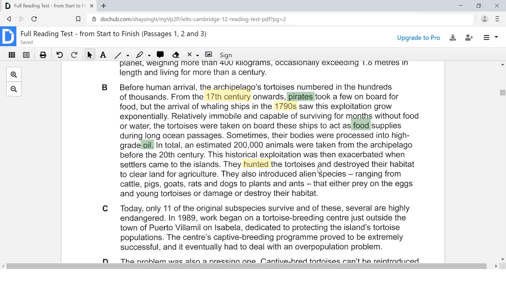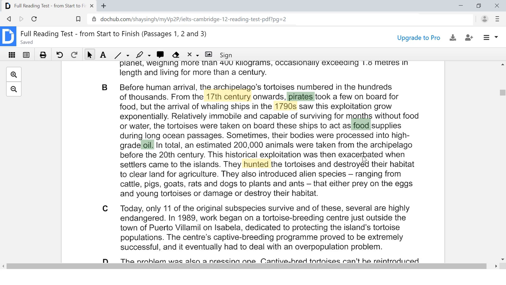They hunted the tortoises and destroyed their habitat to clear land for agriculture. Okay, they hunted, but who are they? Who is that pronoun referring to? In order to find out, we have to read the previous sentence to which this pronoun is referring back to. Here it says, this historical exploitation was then exacerbated.